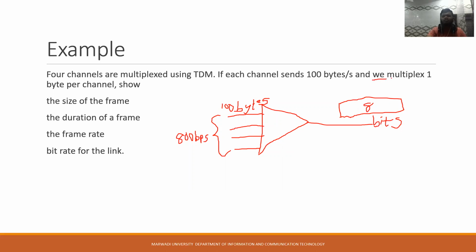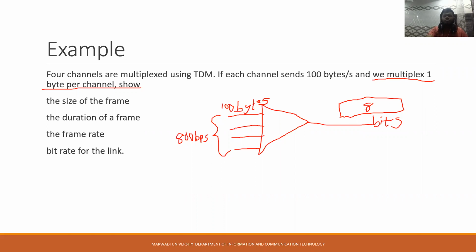Because here we say that we multiplex 1 byte per channel. Sorry, we have made a mistake. We are multiplexing 1 byte.